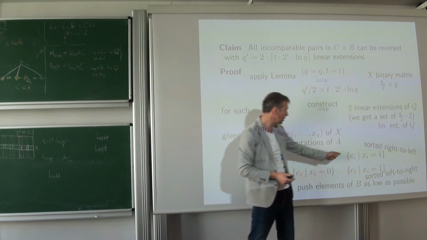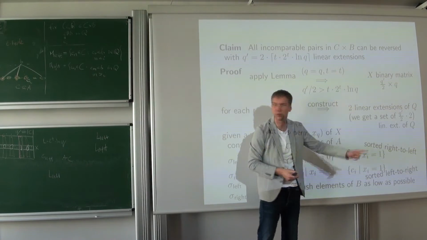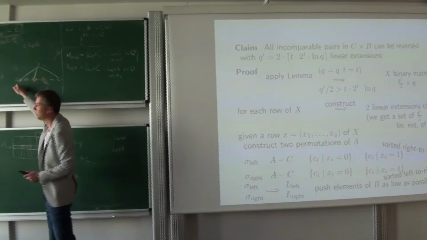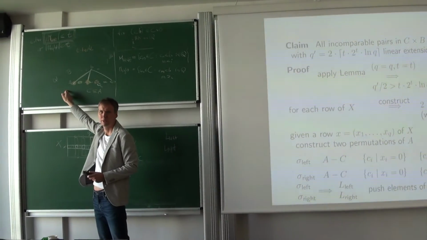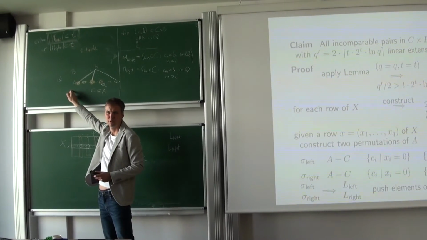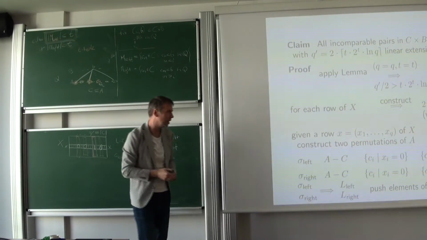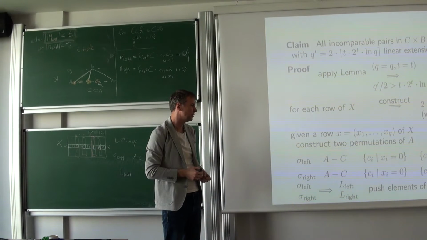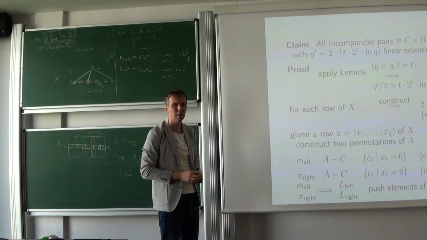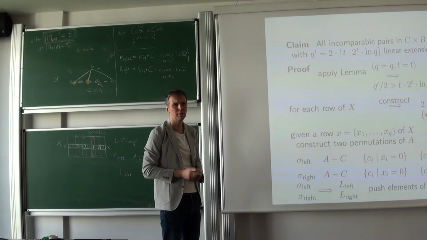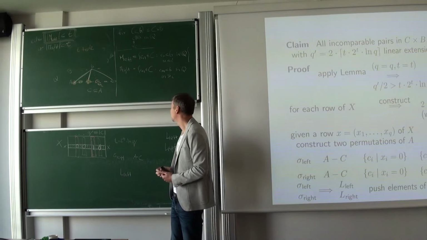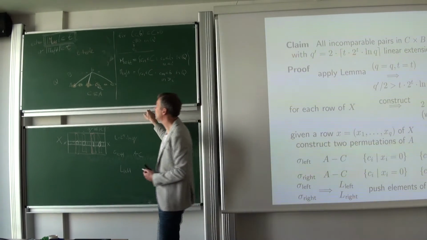Yes, and now it's important that we sort this from right to left, so we read these elements from here to here. Okay, from right to left. So now we are taking B. We are in the case that M left is small, right?